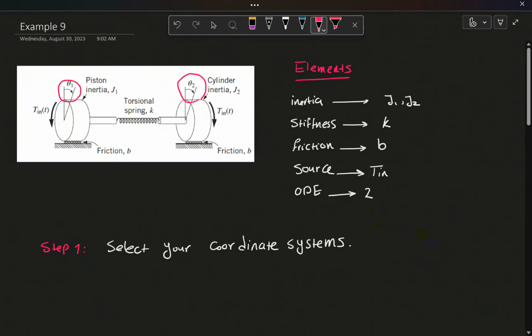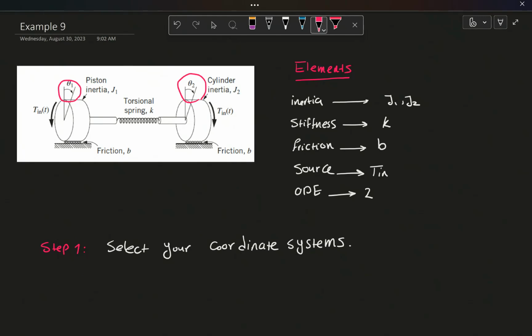Note that, guys, your coordinate systems are your choices. You can select them whatever you like. But I'm going to just work with the coordinate system that's given to me. At the end of the day, I just wanted to mention that this is your choice, and you will choose them in your own way.